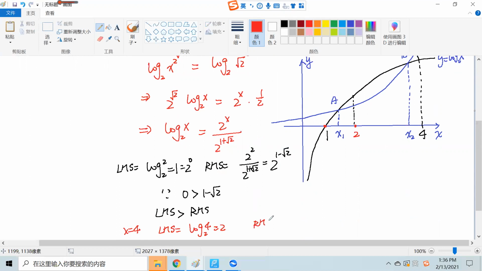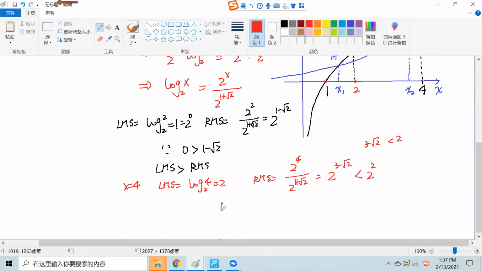And the right-hand side equals 2 to the 4th power divided by 2 to the 1 plus root 2, which is 2 to the 3 minus root 2.